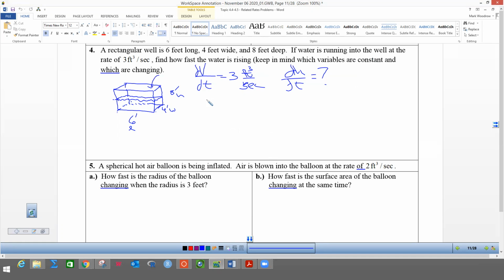So that means when we do the volume, you're supposed to know volume is length times width times height, or base times height, that's the way I think we did it back in the good old days. So I can plug in anything that doesn't change. So the volume and the height will be changing while the bottom part won't as water's going in. So when you get to this point, we can now do a derivative with respect to t.